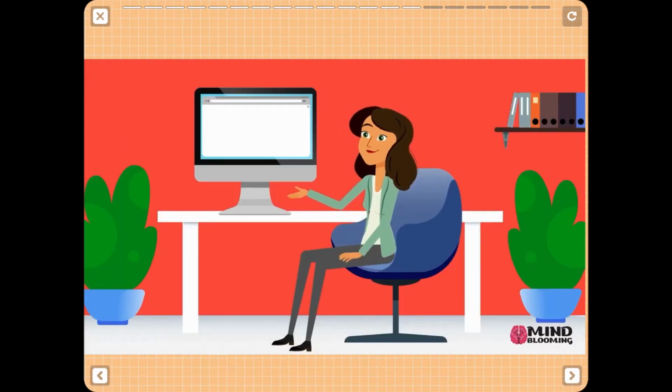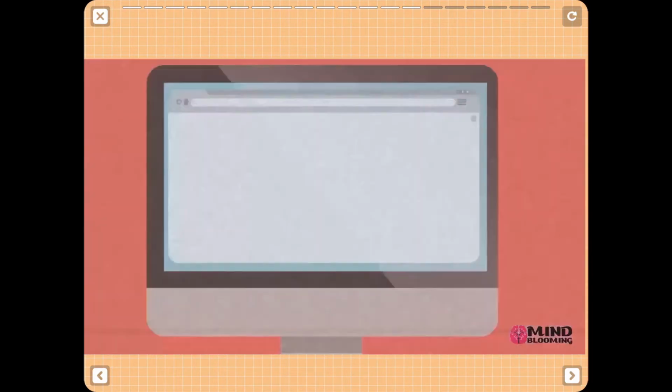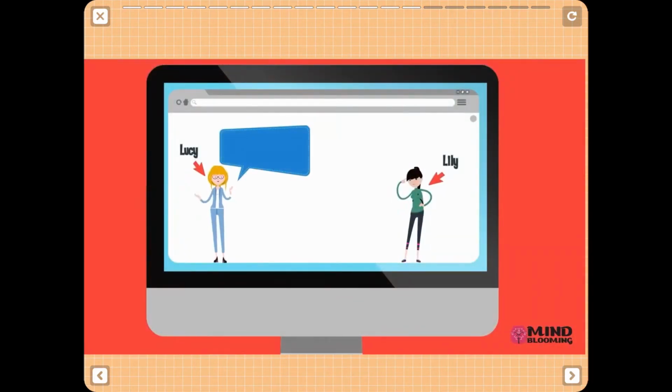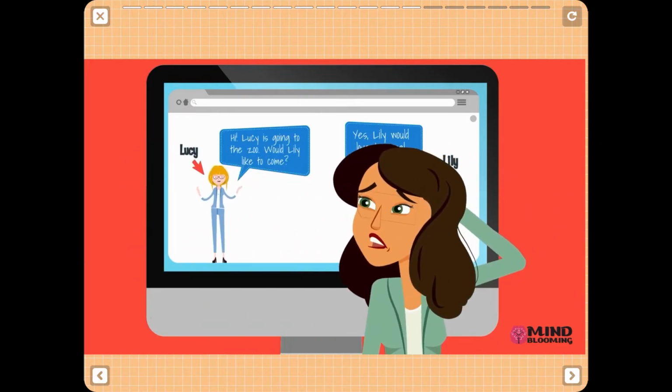Finally, don't forget the pronouns I and you. Let's look at this conversation between Lucy and her friend Lily. In this short scene, Lucy is saying, "Hi, Lucy is going to the zoo. Would Lily like to come?" And Lily replies and says, "Yes, Lily would love to come." This doesn't sound right.